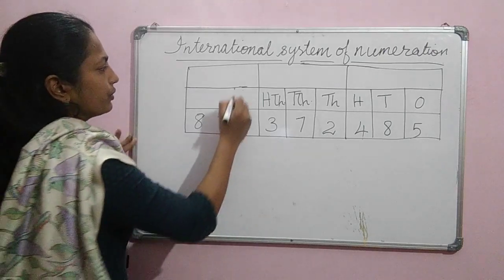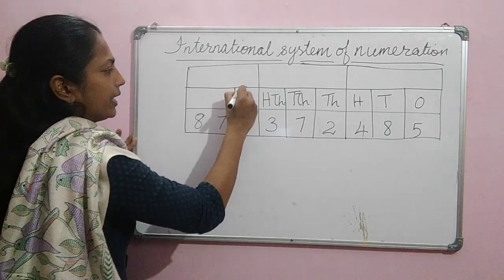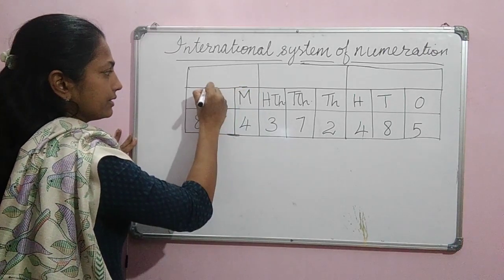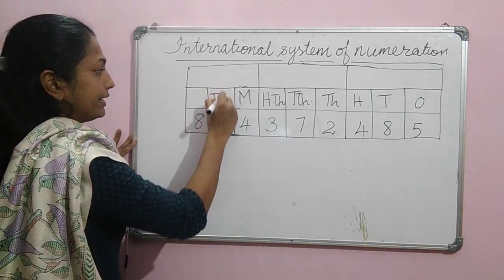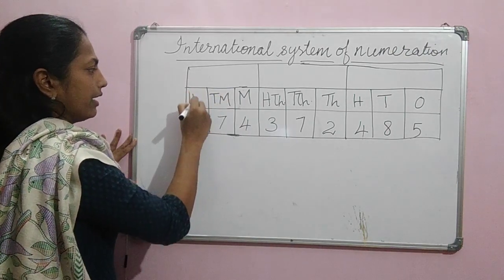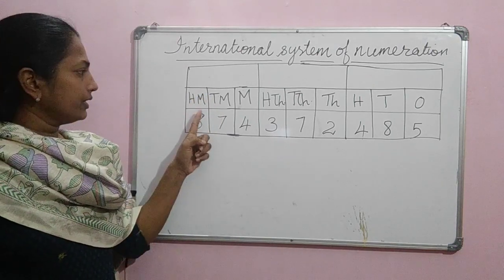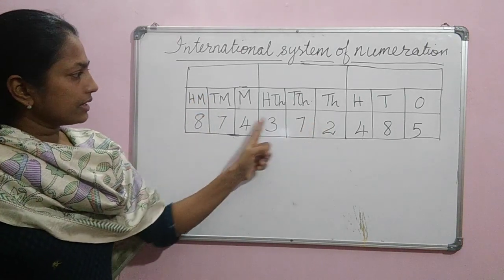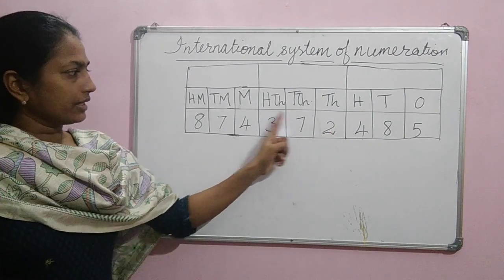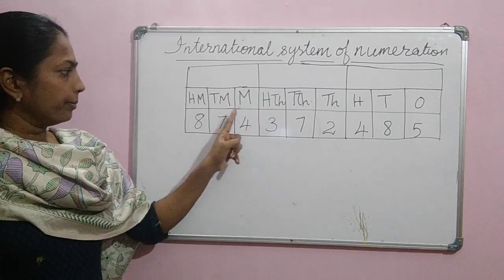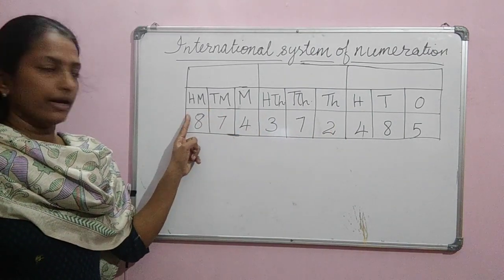And in the next group it comes millions, 10 millions and 100 millions.